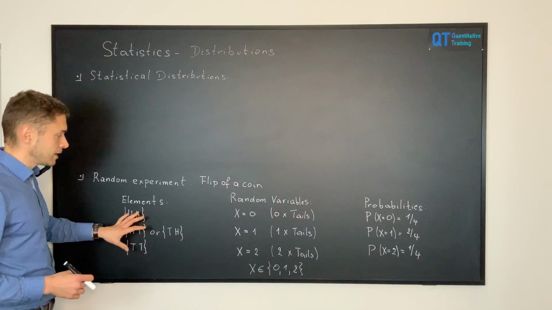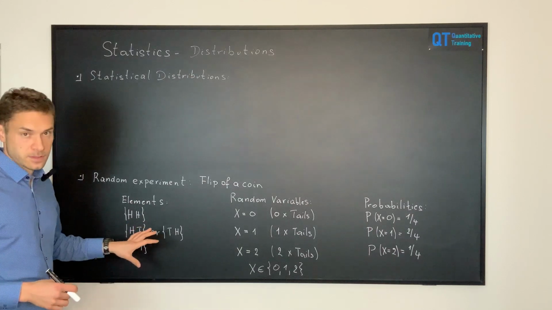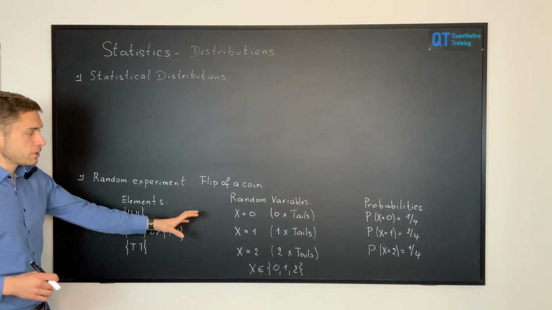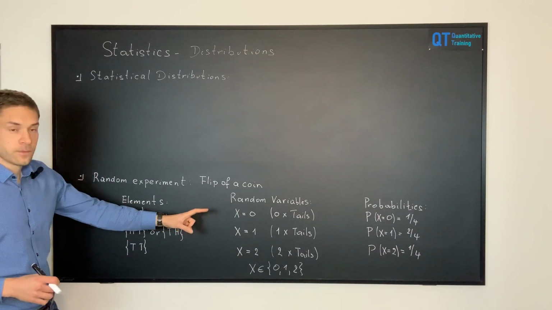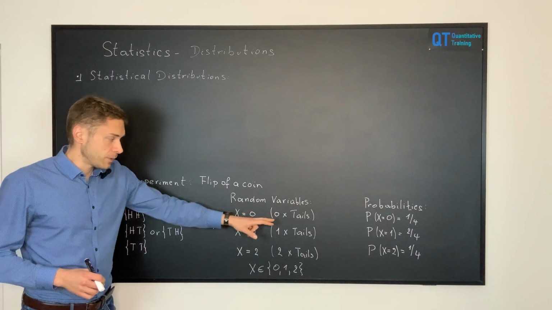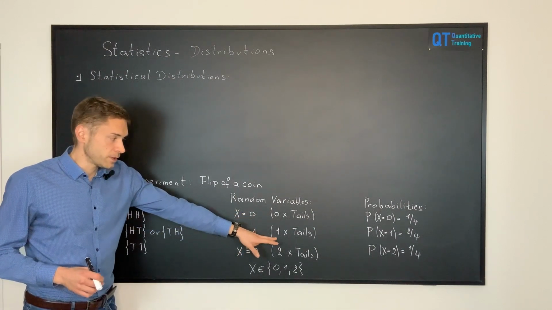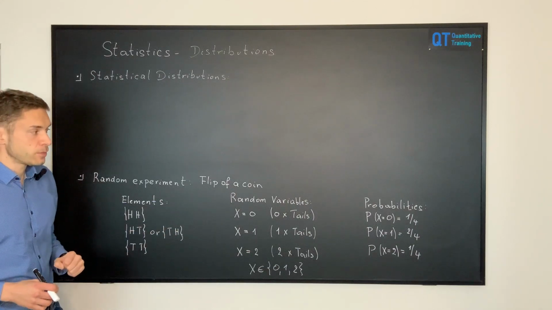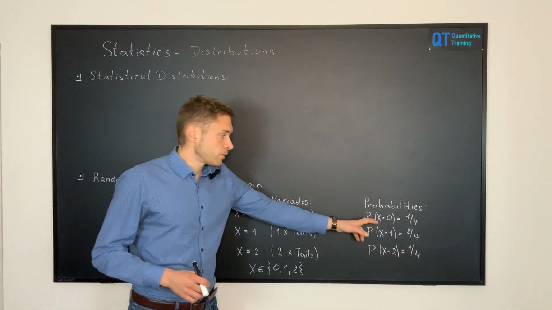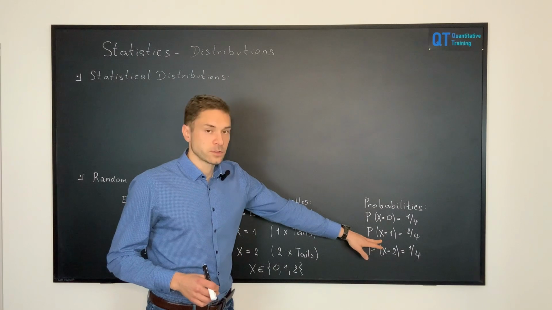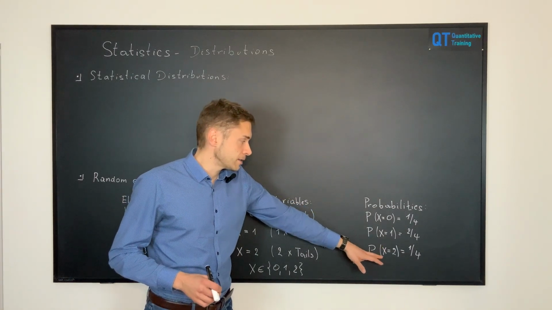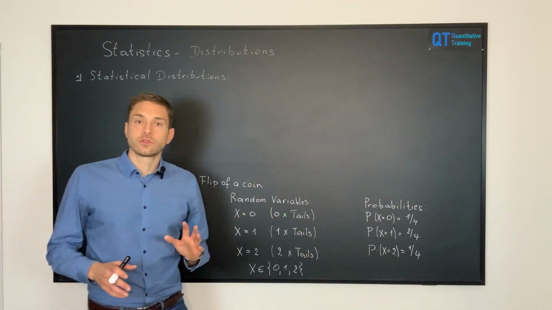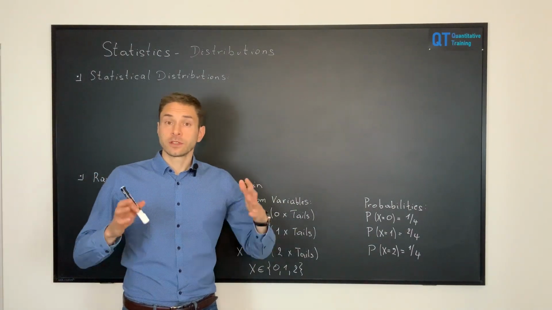We have 4 different outcomes that compose the sample space with their corresponding random variables: x equals 0 for 0 times tails, x equals 1 for 1 time tails, and x equals 2 for 2 times tails, and the associated probabilities, 1/4 for x equals 0, 2/4 or 1/2 for x equals 1, and 1/4 for x equals 2.